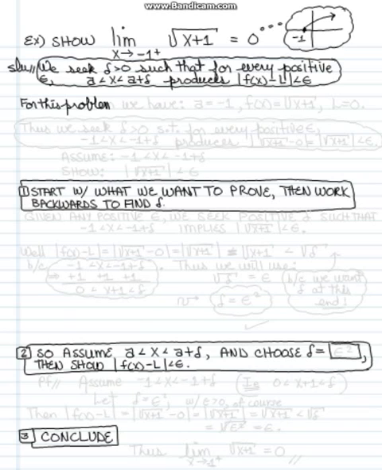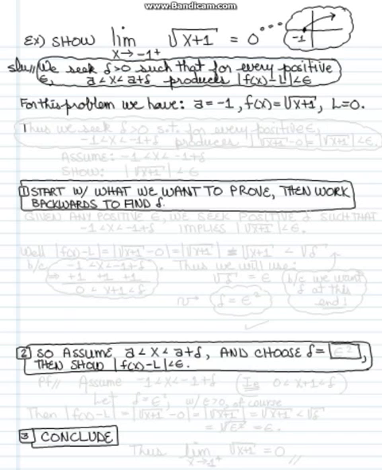Well, for this problem, we have a is equal to negative 1, f of x is the square root of x plus 1, and L is equal to 0. So we're going to restate what we're seeking with these values.